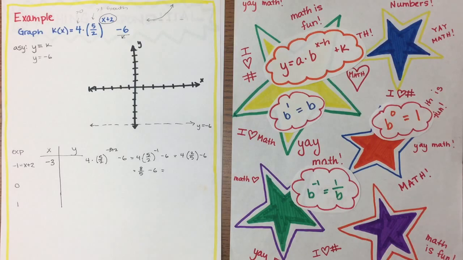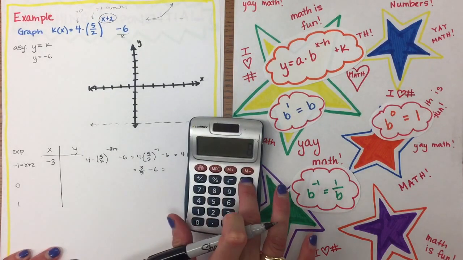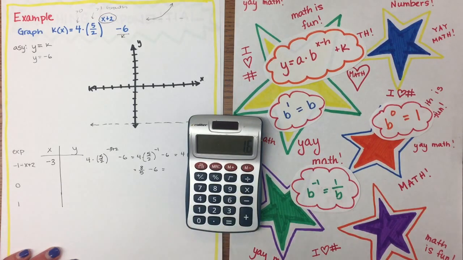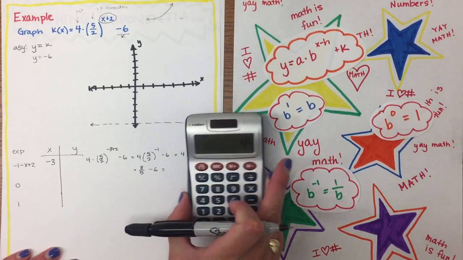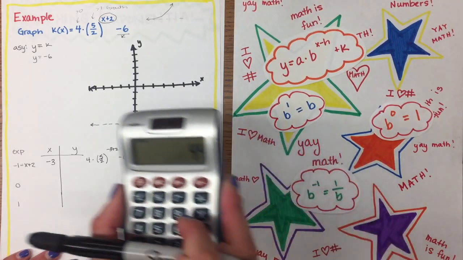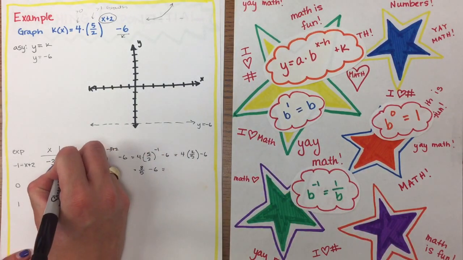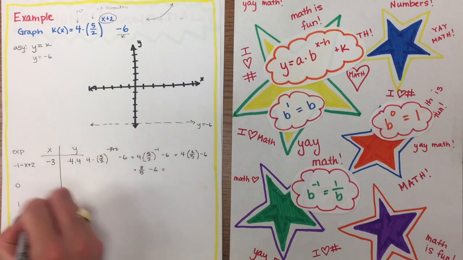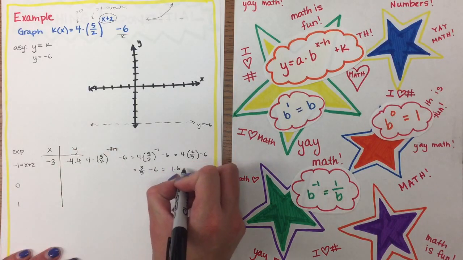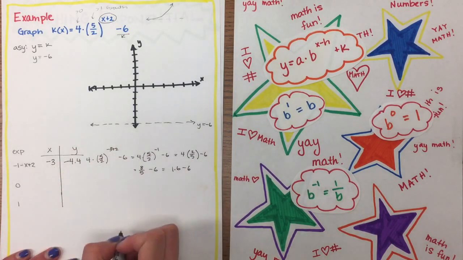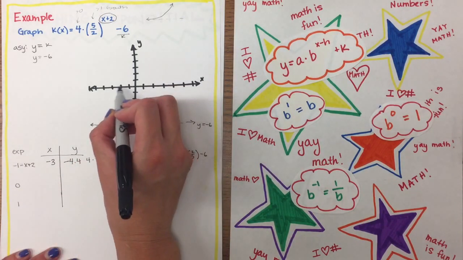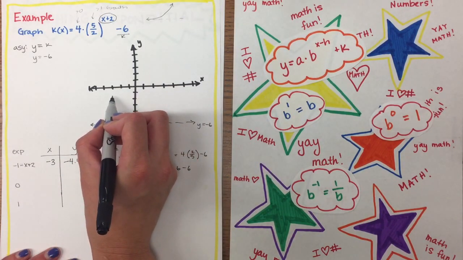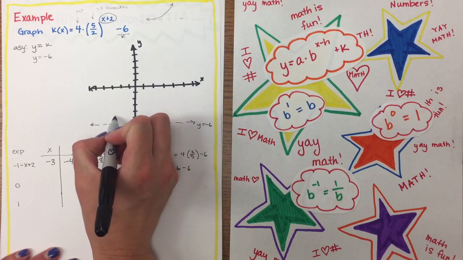If I pull out a calculator, 8 divided by 5 is 1.6, minus 6 is going to give me negative 4.4. So I now have the ordered pair negative 3, negative 4.4.